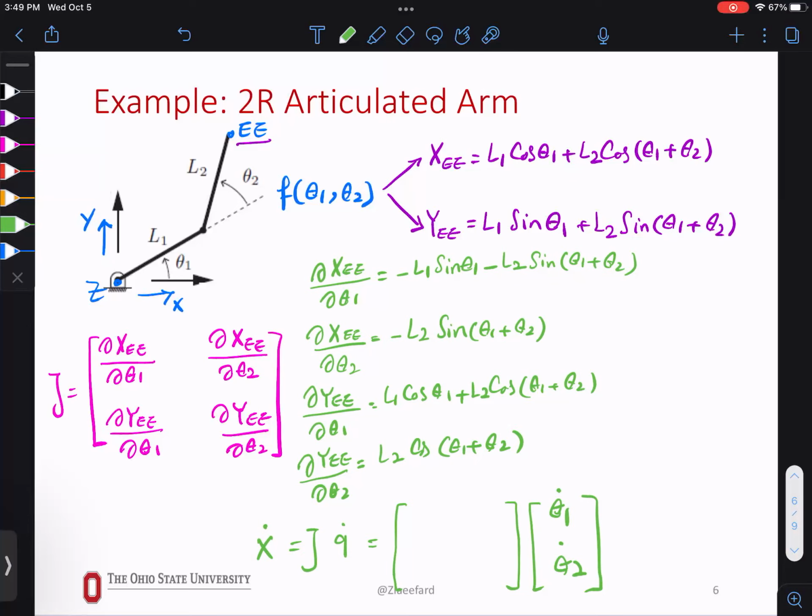For the singularity, there are two ways to look at it. There's always the mathematics, right? The determinant has cases. But what does it mean physically?